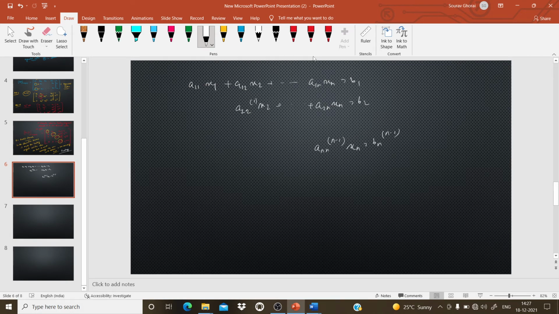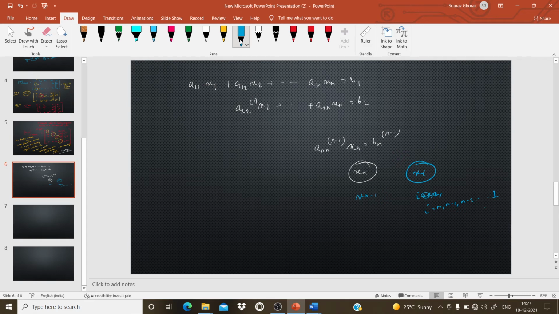So now from here, if we use back substitution, we can find all the values: from here we get the value of xn, then xn minus 1, and also all the values of xi when i is equal to n minus 1, n minus 2, down to 1.